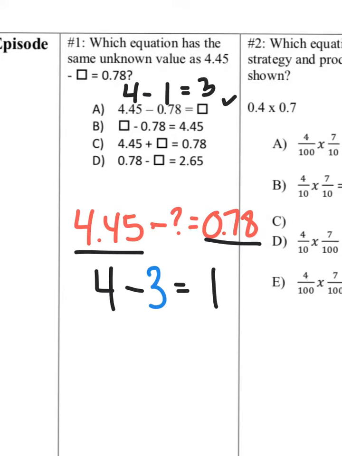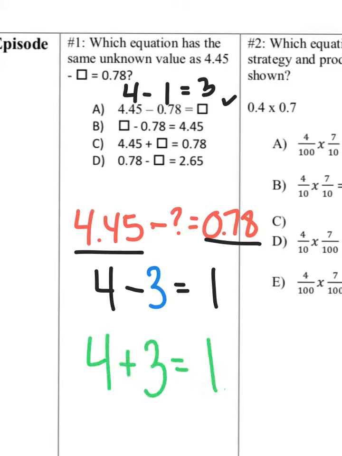Let's check out B. B is going to be square, so B would be square, which is 3 minus 1 equals 4. And that's going to be incorrect, obviously. And then you can see that C also doesn't work because we know the answer must be A. But let's take a look at C. C is 4 plus square, which is 4 plus 3 equals 1.